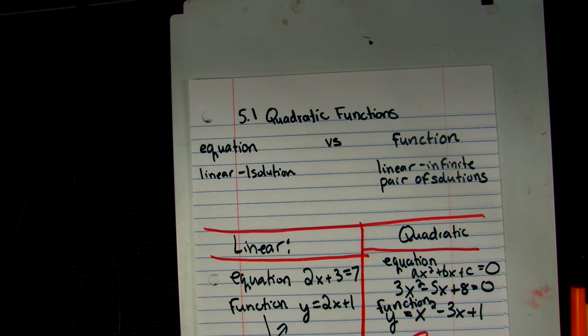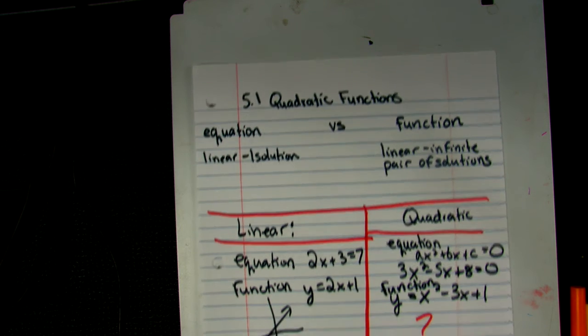That's how they got the word linear. So the main takeaway on equation versus function is an equation is going to be one variable versus a function is going to be two variables where the one variable depends on the other.